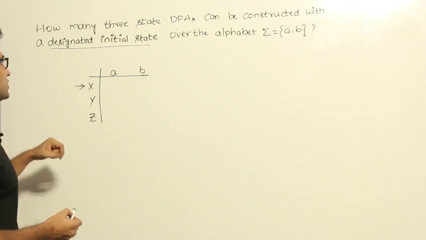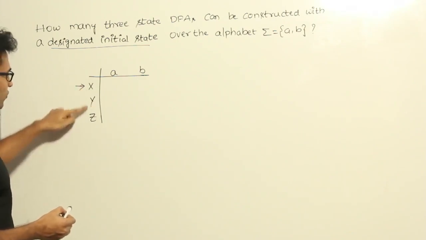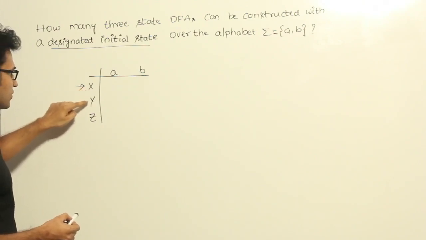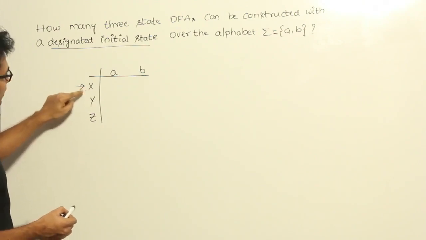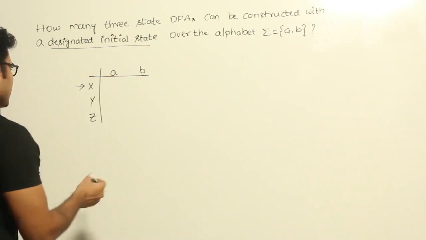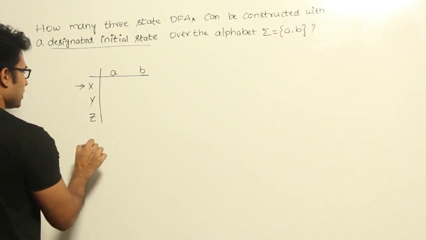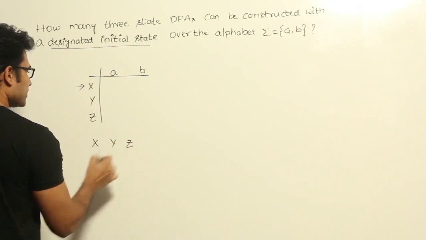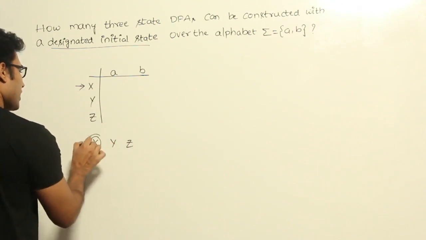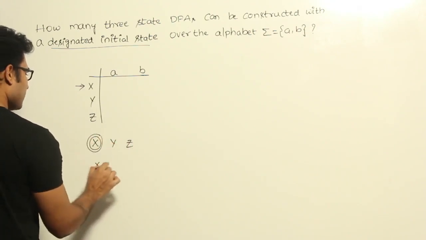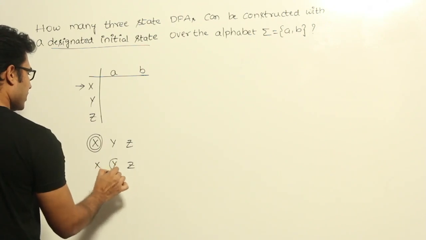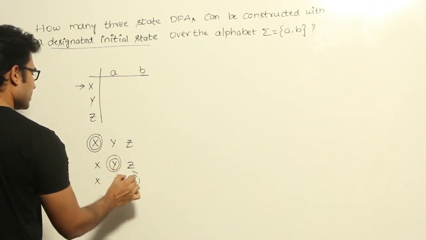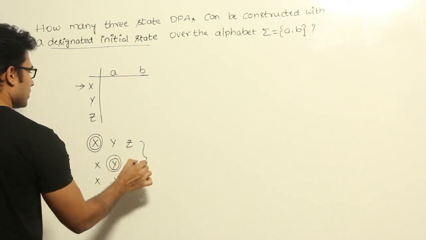Now coming to the final states, I can have one final state and that final state can be either this one or this one or this one, or I can have two final states like this. Okay, so let's see all the cases possible. Coming to the final states, out of X, Y, Z, I can have X as the final state, or Y as the final state, or Z as the final state, right?